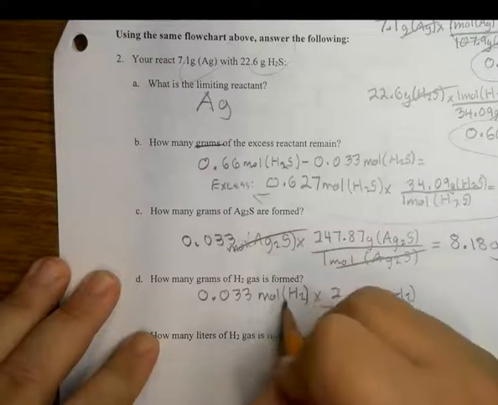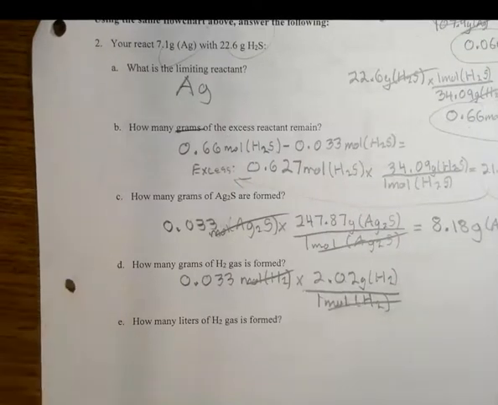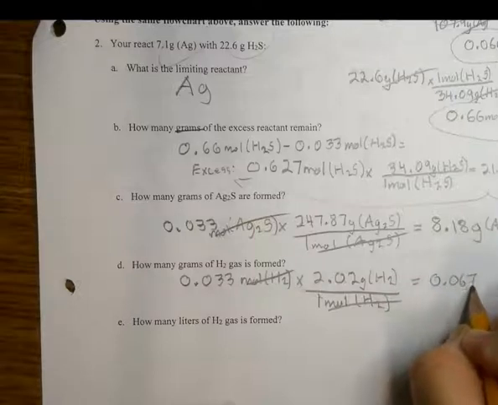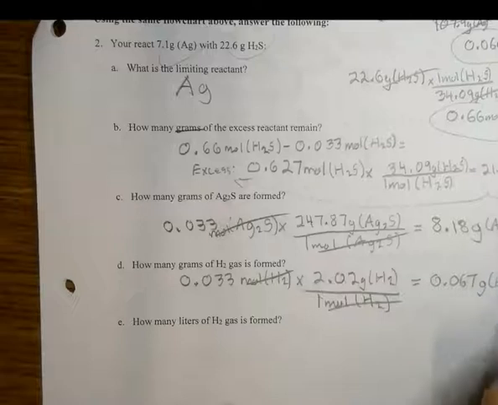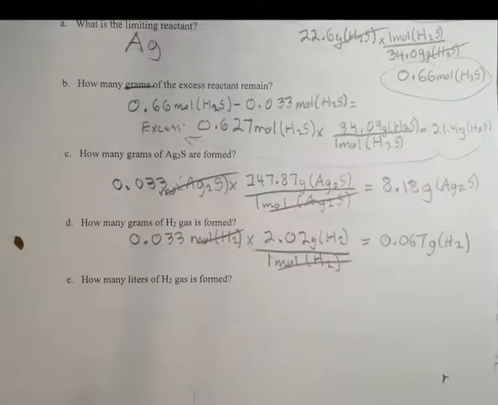Moles hydrogen gas cancel the moles of hydrogen gas, and you have 2.02 times 0.033, and that gives us 0.067 grams of hydrogen gas. Okay. Sorry, I'm a little off screen there. Okay, anyway, you got that.